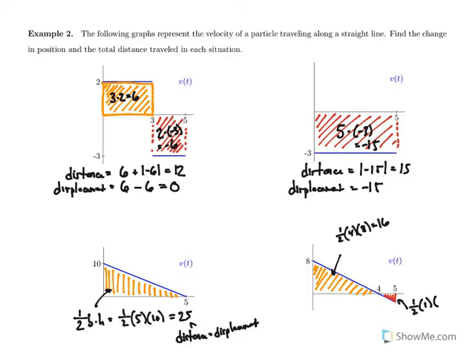I don't think I actually gave the height. Height should be -2 there. And this is going to be a -1. So the distance is there are 16 units traveled plus the absolute value of -1. That's going to be 17. But the displacement will be 15. 16 minus 1 is 15.